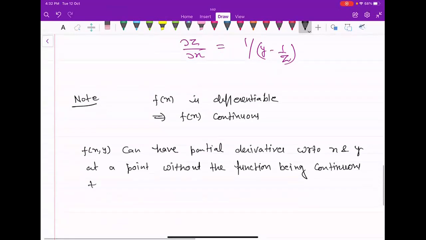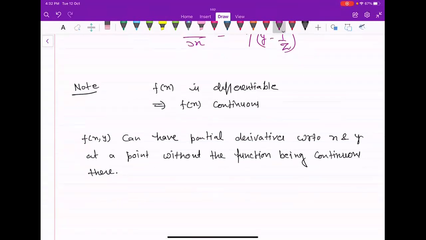That means partial derivatives of a function may exist even though the function is not continuous. So this case is different from the one-dimensional case. Partial derivatives may exist, but the function may not be continuous at that point.